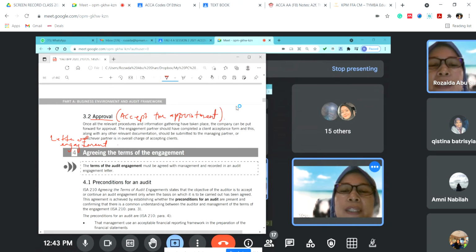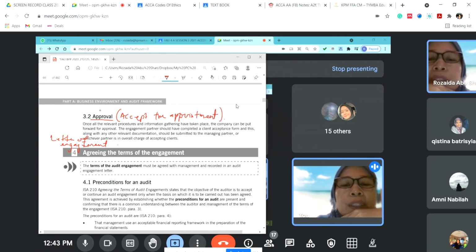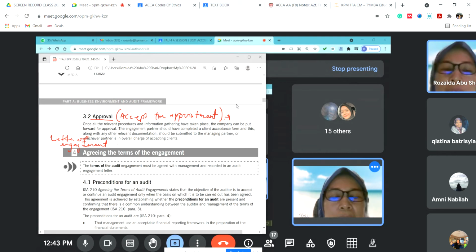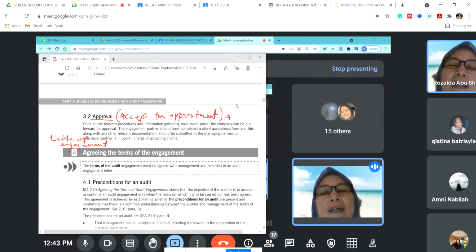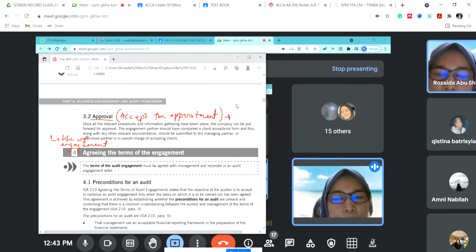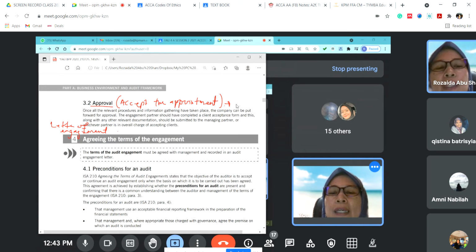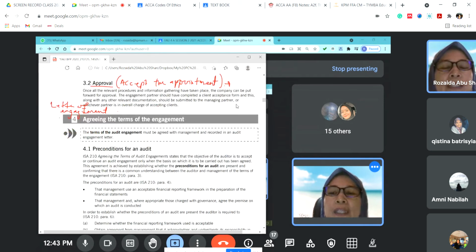When you accept the appointment, you have to describe what your duties are and what the management duties are. You must get the approval of the board of directors on those duties between auditor and directors. That approval is considered the letter of engagement.